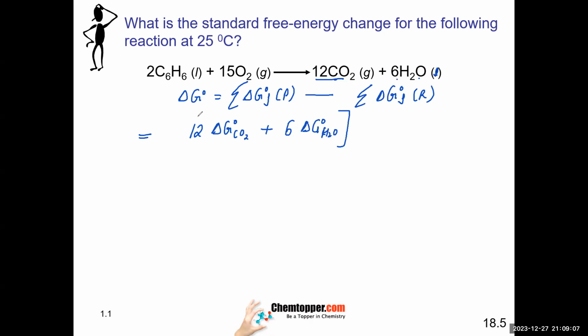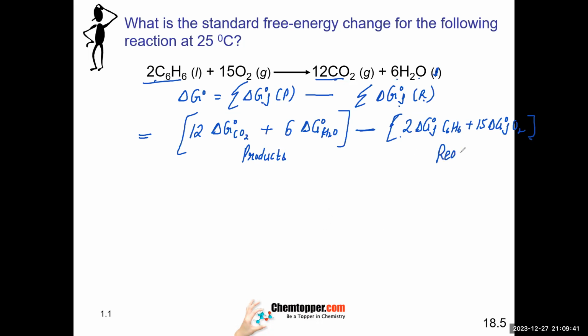So this is your products, minus summation of reactants. 2 times delta G naught formation of C6H6 plus 15 times delta G naught formation of O2. This is reactant. Take care of these coefficients.